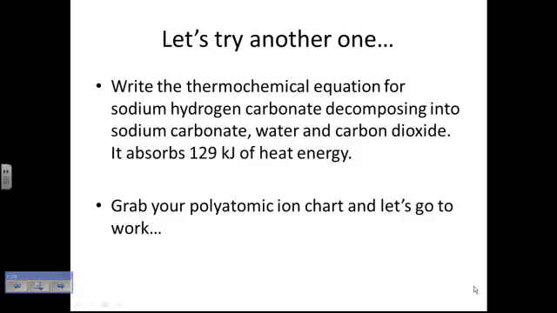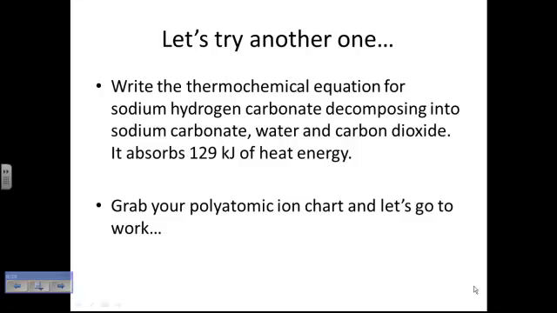When we look at our next example, it reads, the thermochemical equation for sodium hydrogen carbonate is decomposing. Now that's a clue that the decomposition helpful hint page might be there. So you had it out a moment ago for your combo. Make sure it stays handy as we're writing all kinds of equations today.